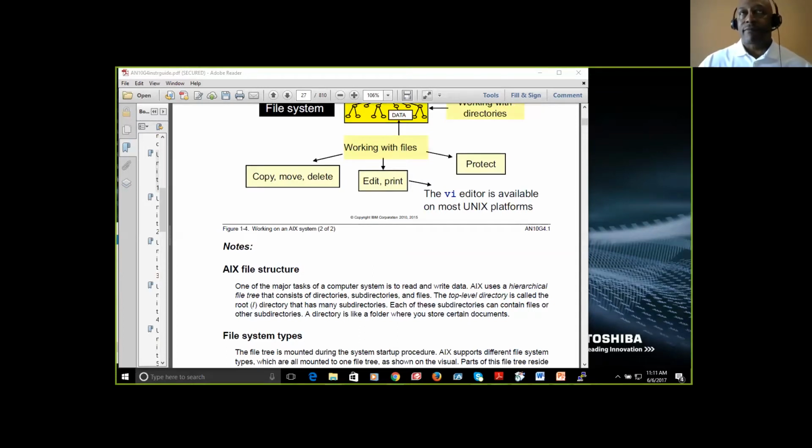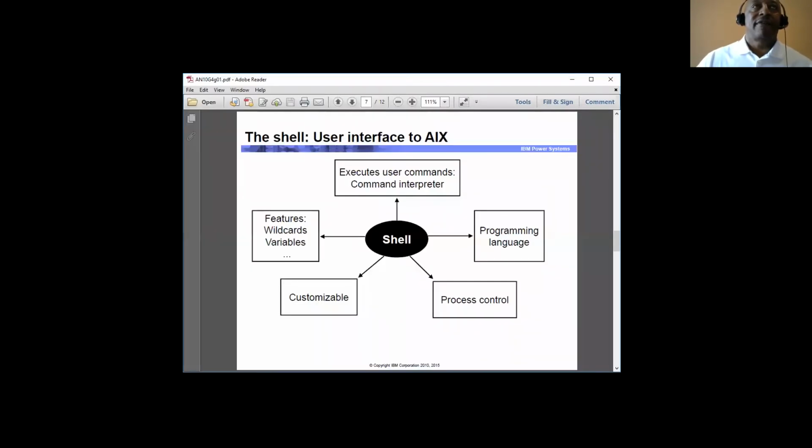Yes. What I'm seeing is the AIX file structure from your notes. Okay. All right. That's what I'm saying. It's just a little bit of delay here. Let me get out of that. Let's go new share. All right.